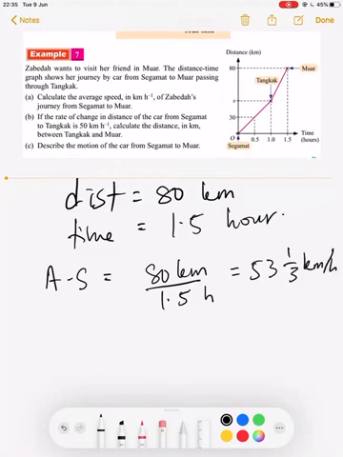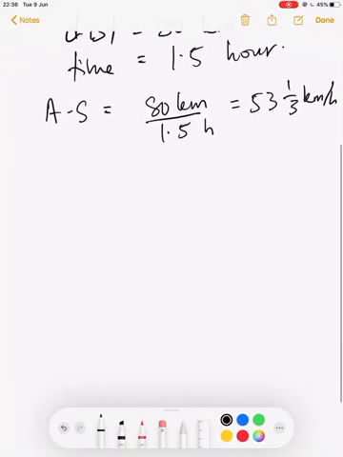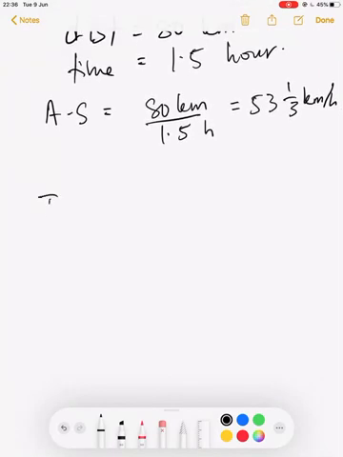Okay, next, if the rate of change in distance of the car from Segamat to Tangkak is 50 km per hour, calculate the distance between Tangkak and Muar. Okay, between Tangkak and Muar. So the rate of change is 50 km per hour from Segamat to Tangkak.